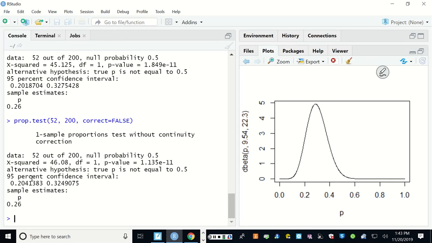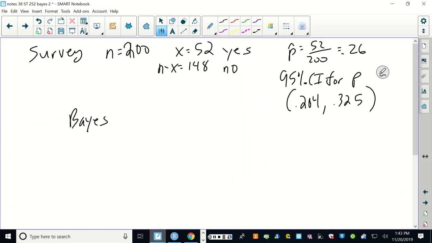But a Bayesian is going to update the prior distribution. We're going to write down the distribution for P given our data. And we figured out last time that that's another beta distribution where you take alpha plus the number of successes and beta plus the number of failures.